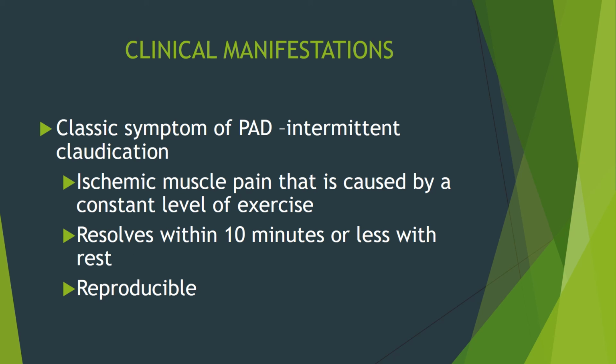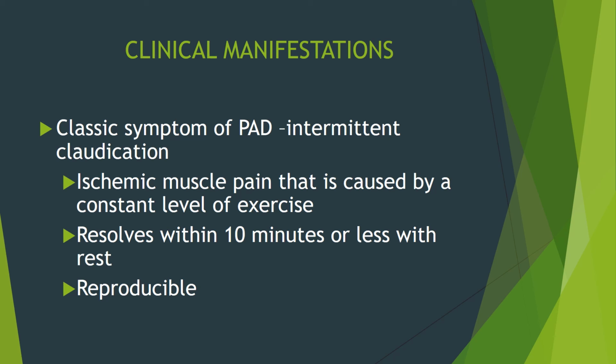The clinical manifestations of PAD: the classic symptom of PAD is something called intermittent claudication. I don't know if you're familiar with that term, claudication. But claudication is an ischemic muscle pain. It's sort of a crampy pain that people get when they're exercising, so either walking or doing some sort of exercise in a gym or wherever.